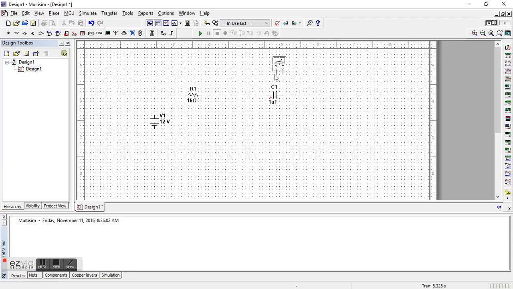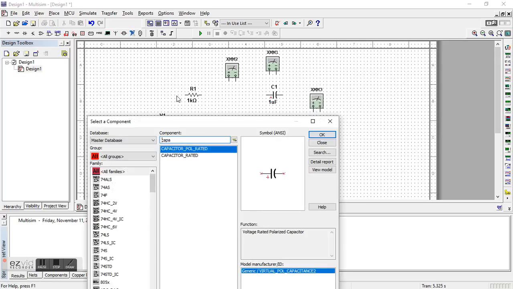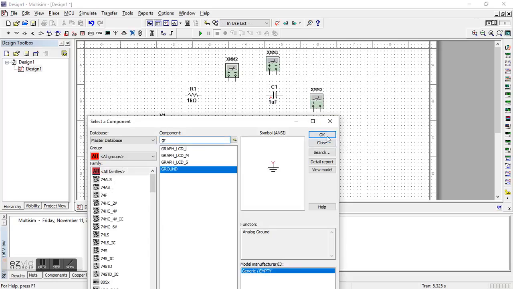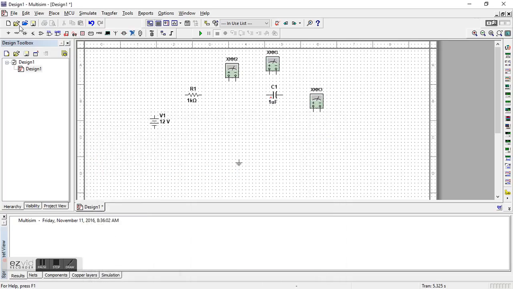Then we'll place 3 multimeters so we can measure their voltage and current. Then our last component is the ground. In Multisim we need to put the ground so that the circuit will be complete.